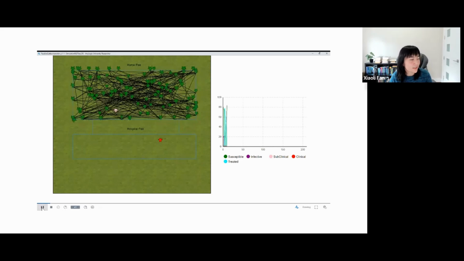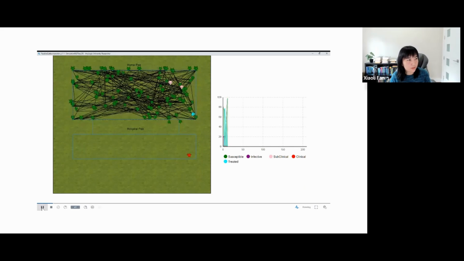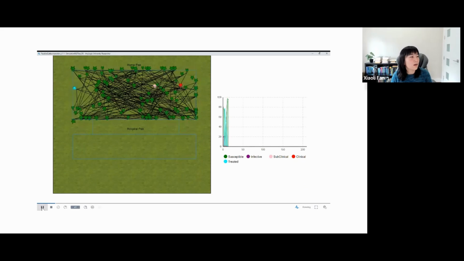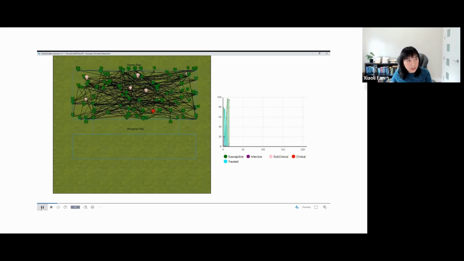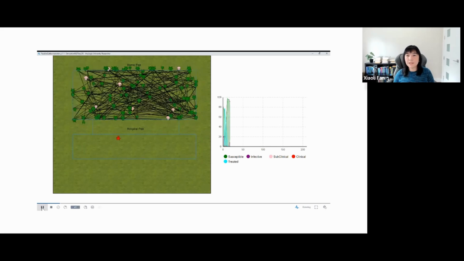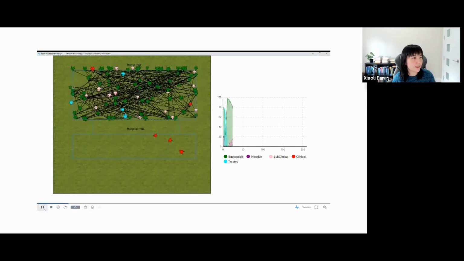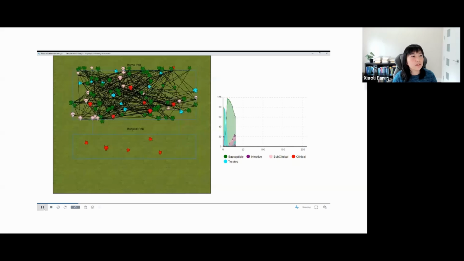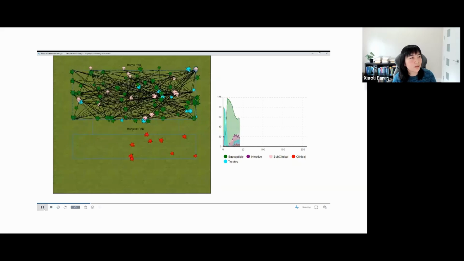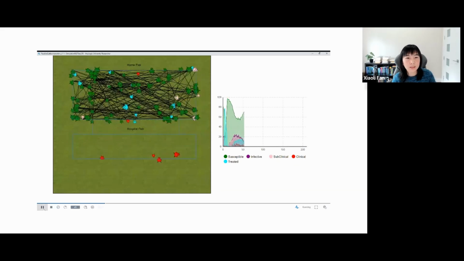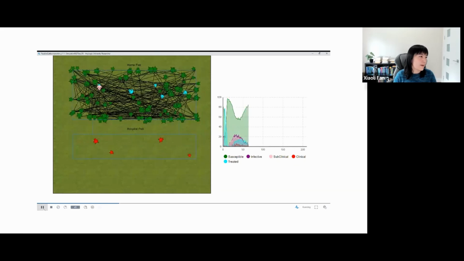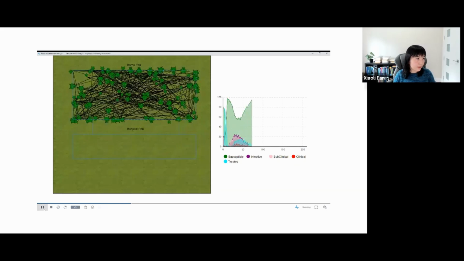the ones with symptoms. They will be moved to the hospital pen on the bottom. And then gradually there will be the pink ones again, the subclinical ones again. And then if antimicrobials are not used, there will be more and more infected cattle again.